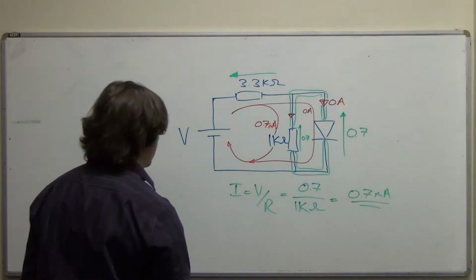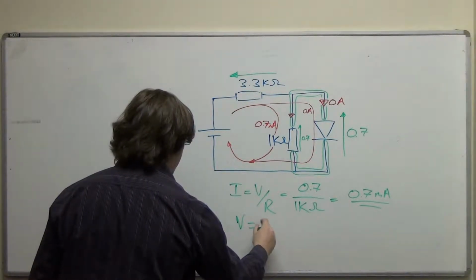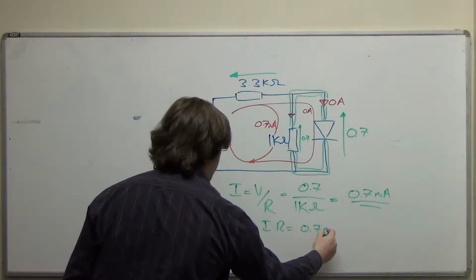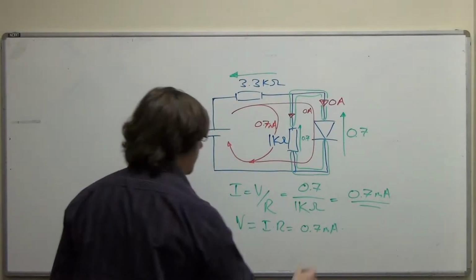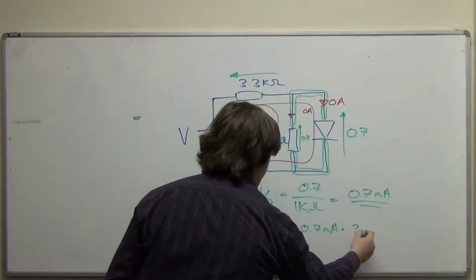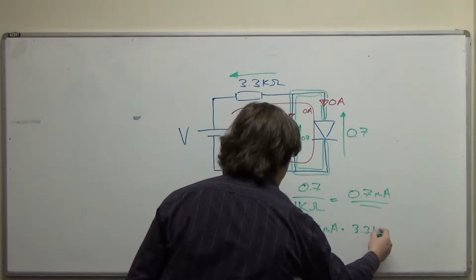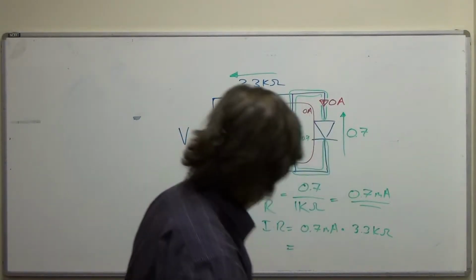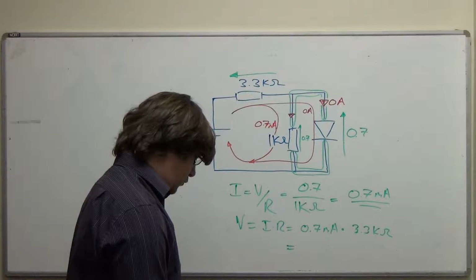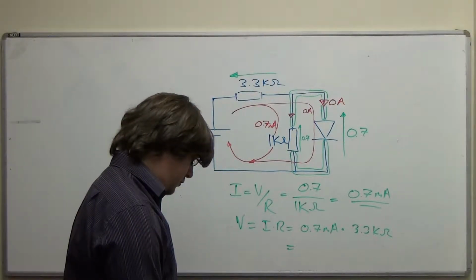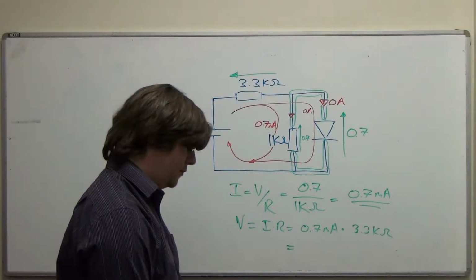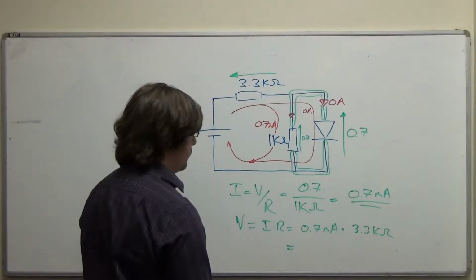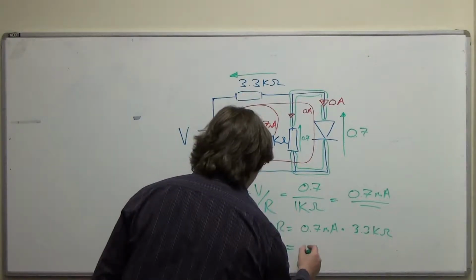V is I times R, which is 0.7 milliamps times 3.3 kiloohms, which is 0.7 times 3.3, 2.31 volts.